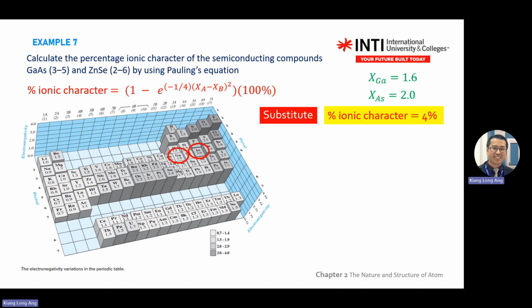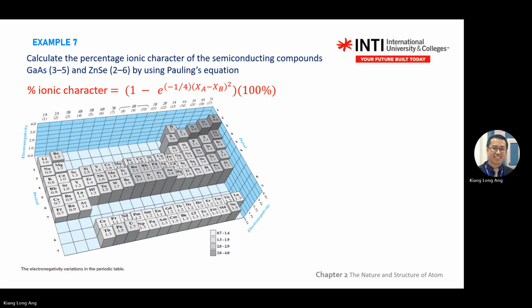ZnSe, what is the Zn electronegativity? Are you able to find where is Zn? Zn value 1. Se. You notice that there are two Se there.